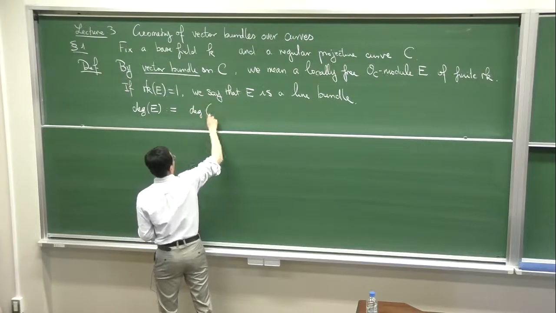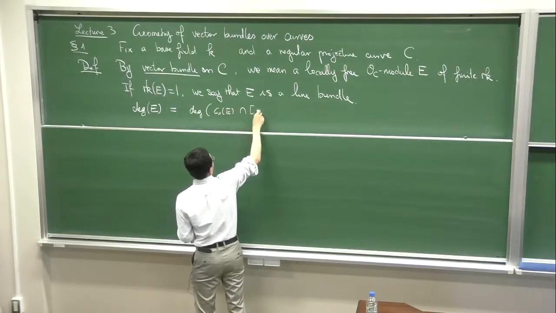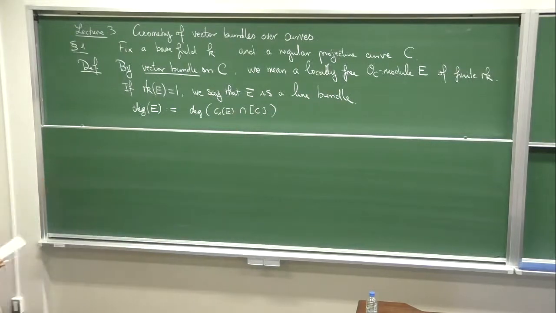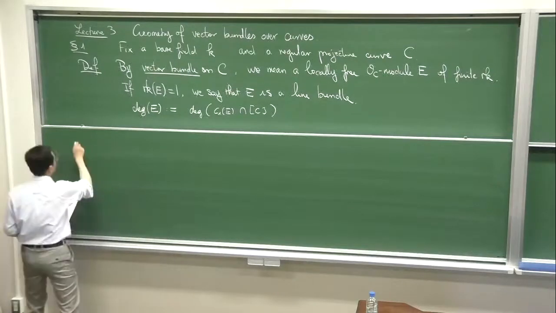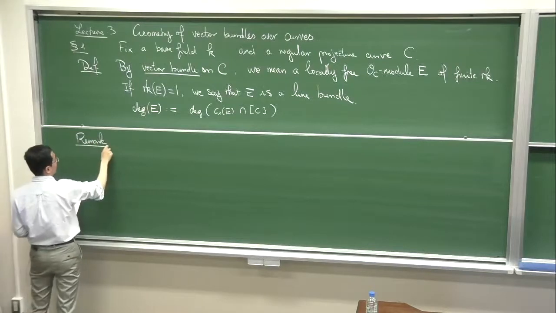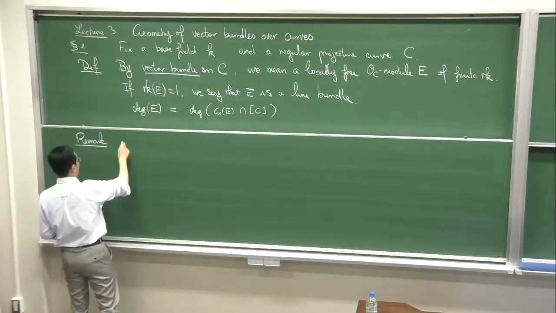This is just the degree of the intersection cycle of the first Chern class of E with C. Then I will give you a more arithmetic definition.